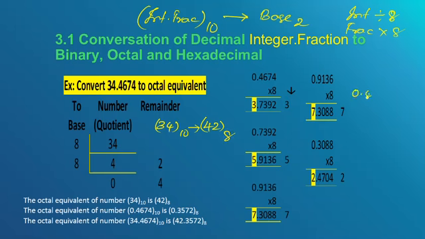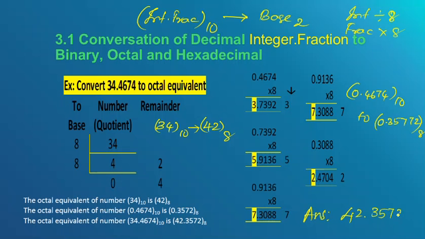And 0.4674 of base 10 is converted to, reading the numbers from top to bottom, 35772. So it is 0.35772 of base 8. So combine the answer, your final answer will be 42.35772 of base 8.